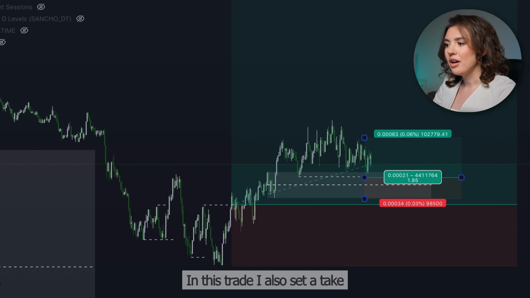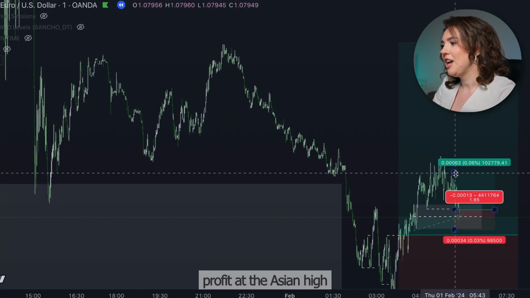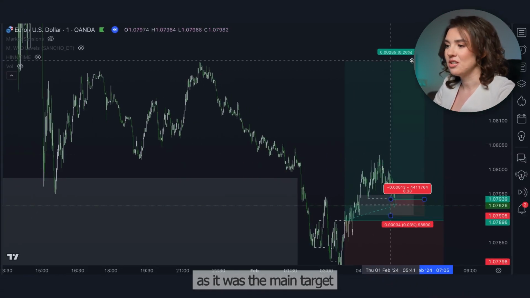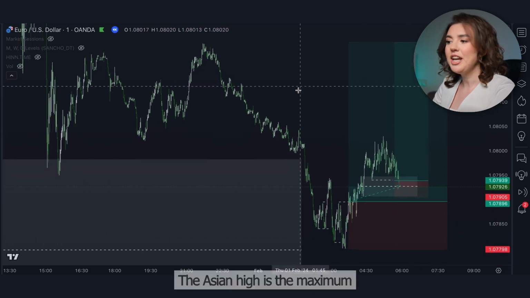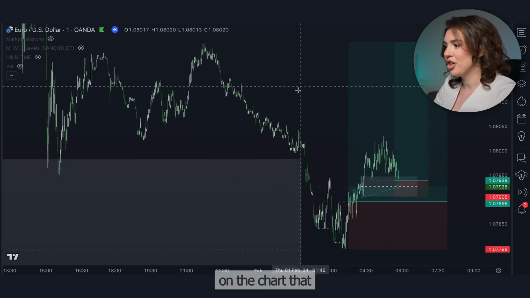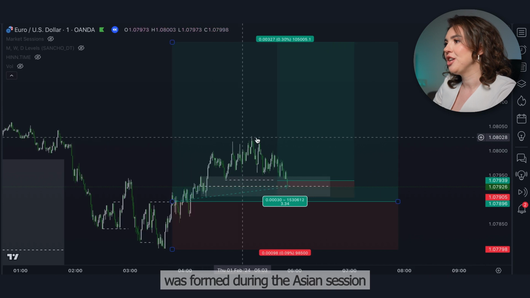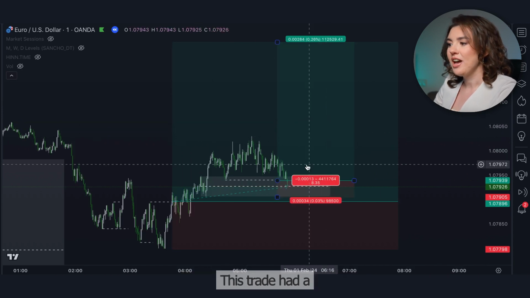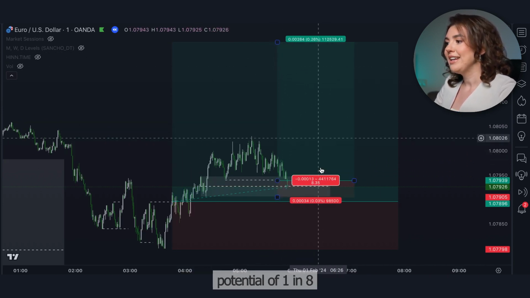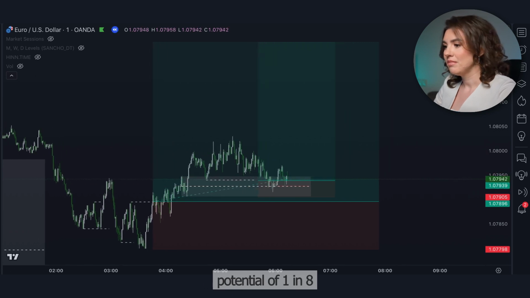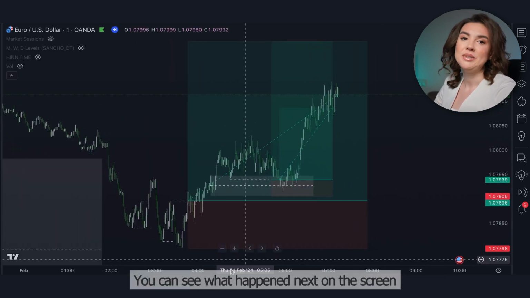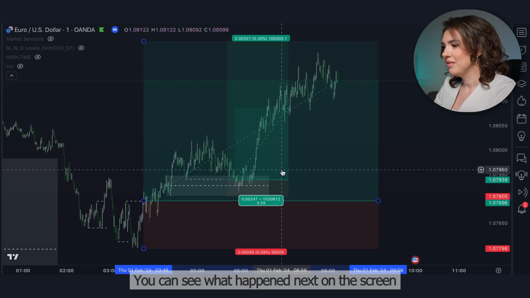In this trade, I also set a take profit at the Asian high as it was the main target. The Asian high is the maximum on the chart that was formed during the Asian session. This trade had a potential of 1 in 8. You can see what happened next on the screen.